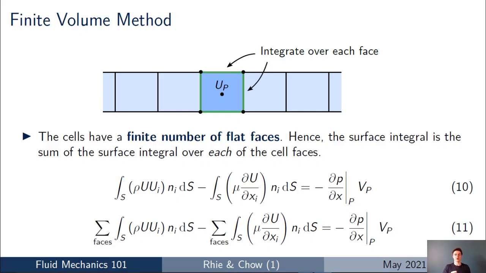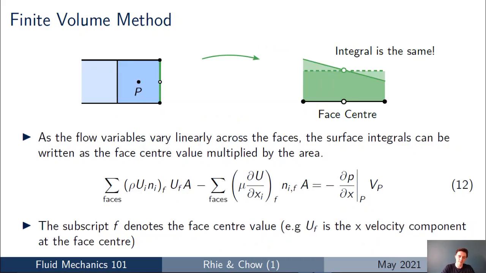We integrate over, for the square for example, the top face, and then integrate over the side face and the bottom face and add them all up. And that integral of course will be the same as the integral over the entire surface, because we have a finite number of flat faces. And what's the integral over the face?